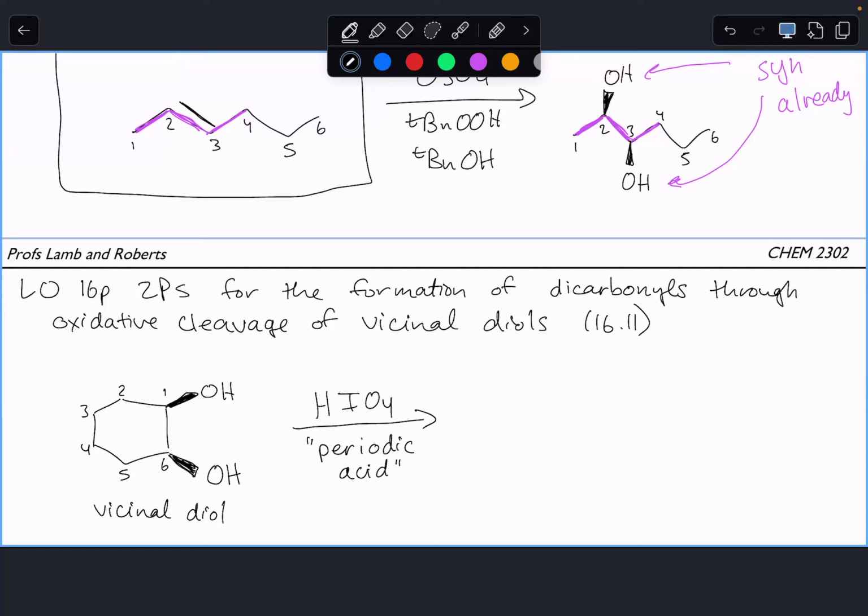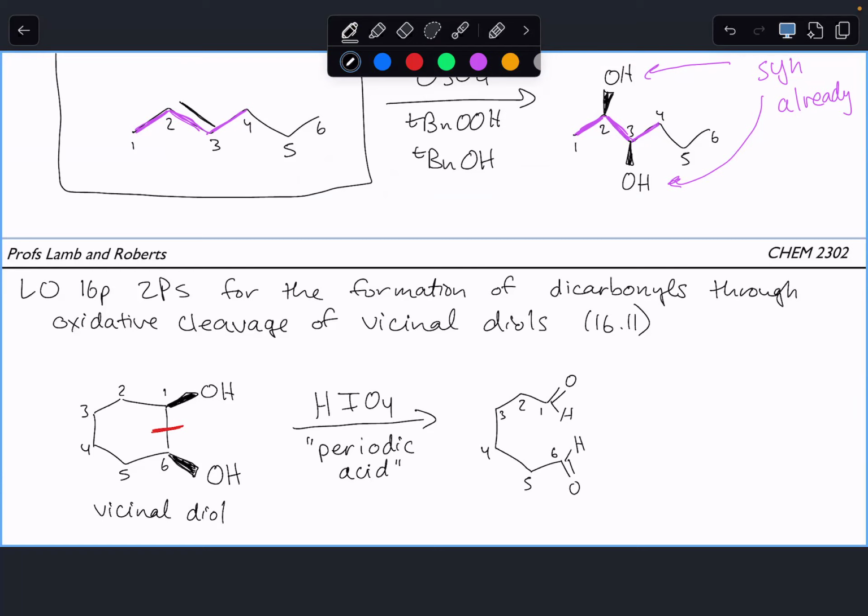Okay, so what we're going to do is cut the bond in between the vicinal diol. Again, I'm going to draw my backbone in the same orientation. 1, 2, 3, 4, 5, 6. We cut that bond and we turn each of those alcohols into an aldehyde or a ketone.